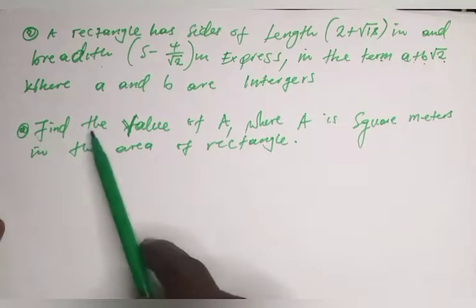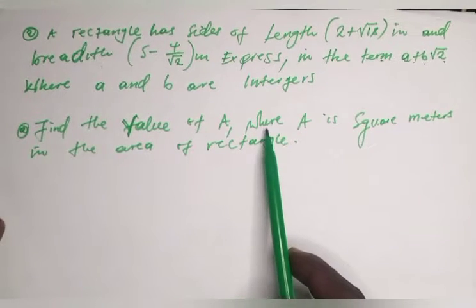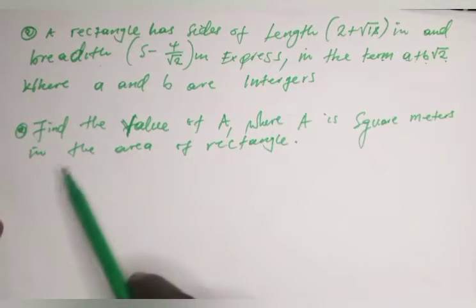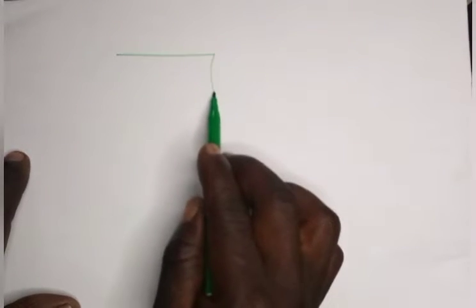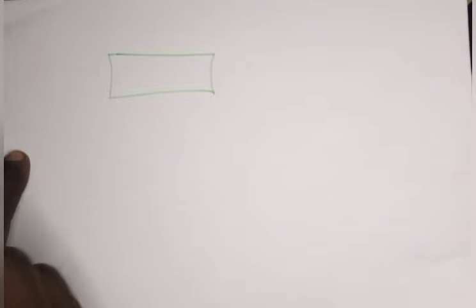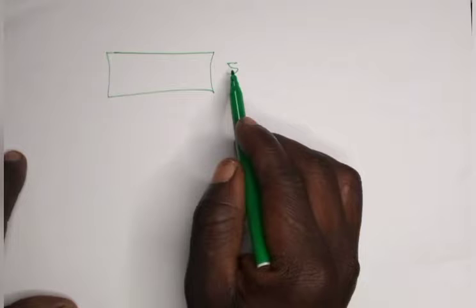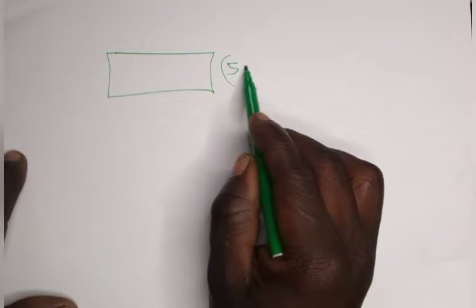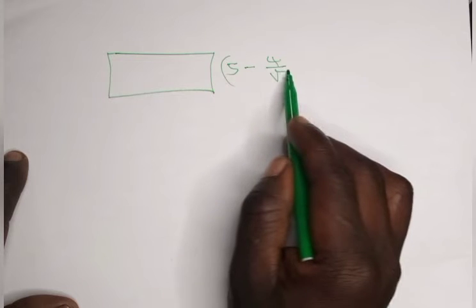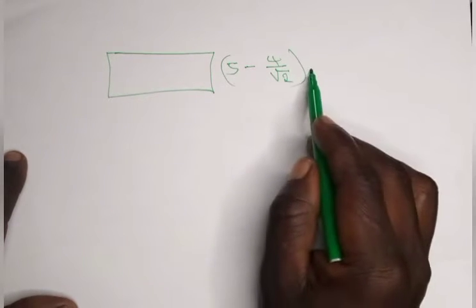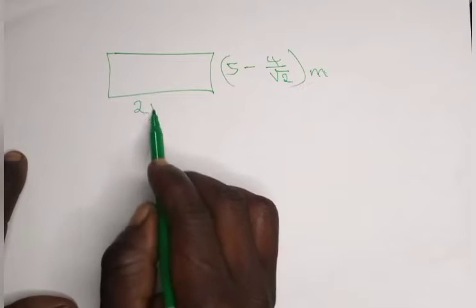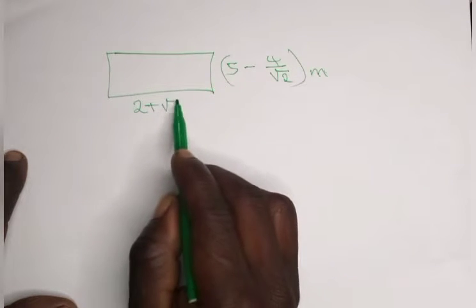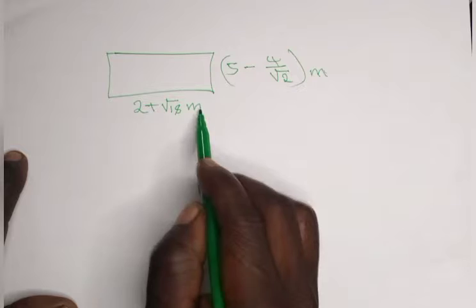Then find the value of a, where the area of the rectangle is in square meters. Let's draw a rectangle: breadth 5 minus 4 over root 2 meters, and length 2 plus root 18 meters.